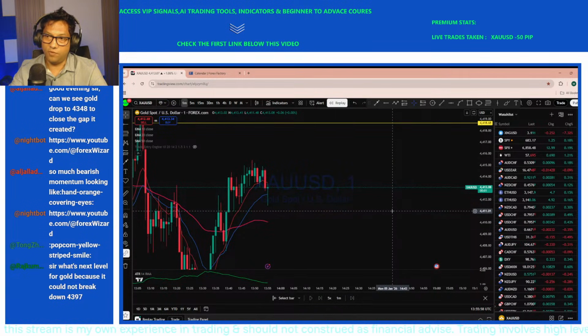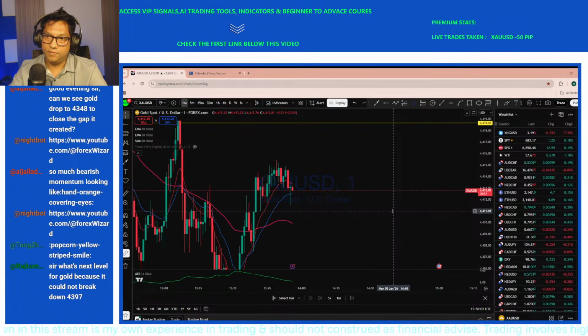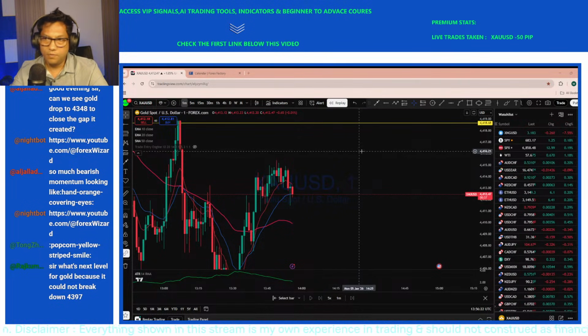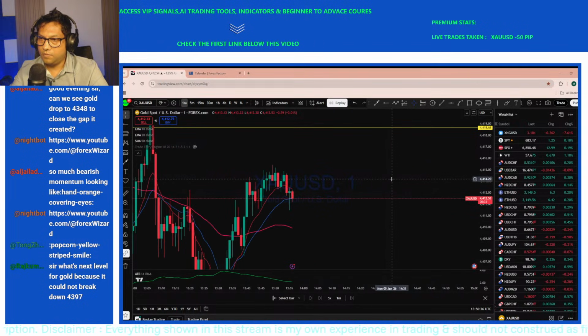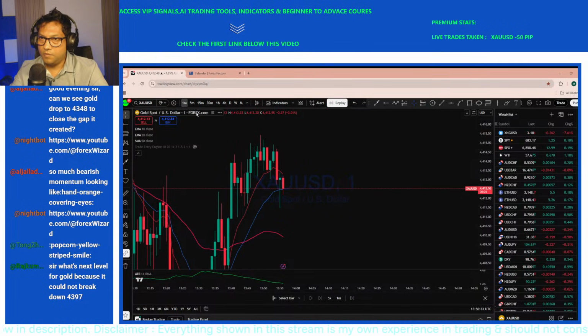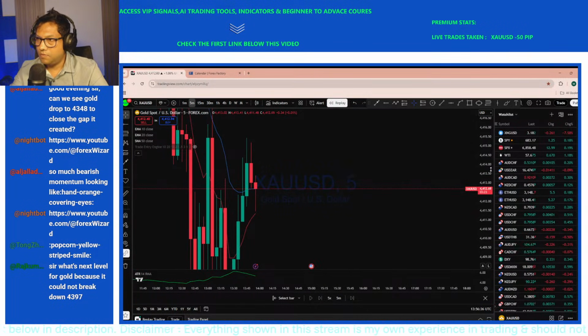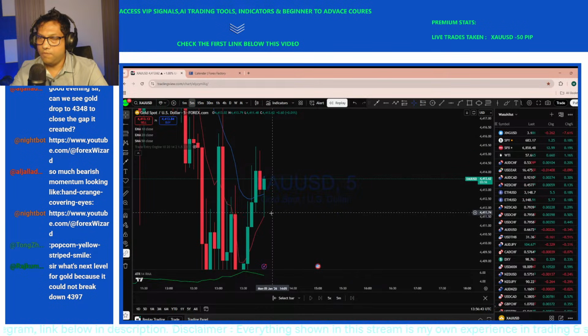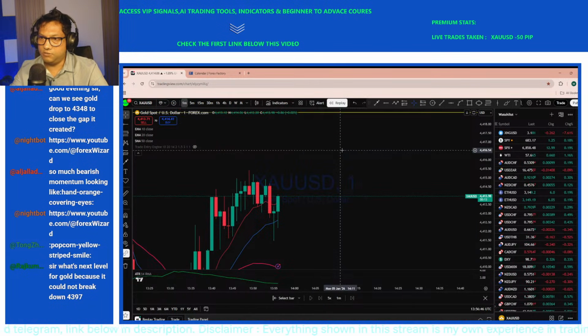Okay, getting some reaction from that level here. And okay, so you see the price action here is rejecting from this key support level.